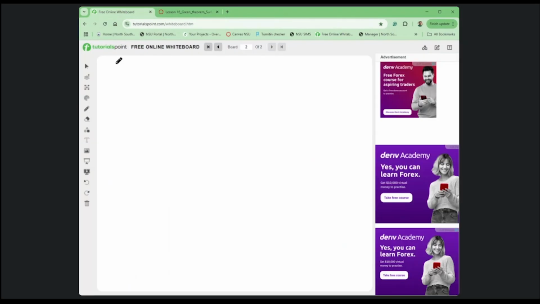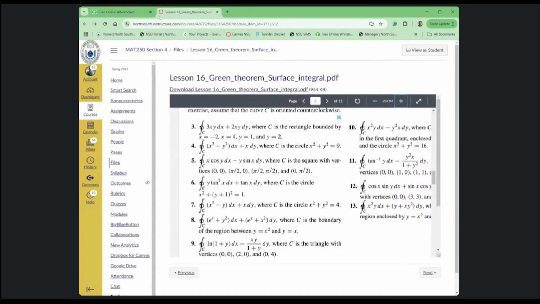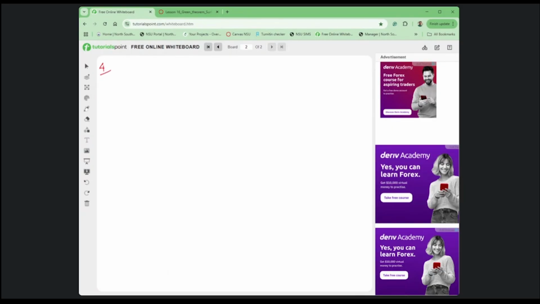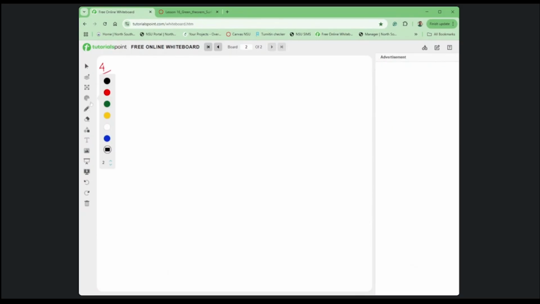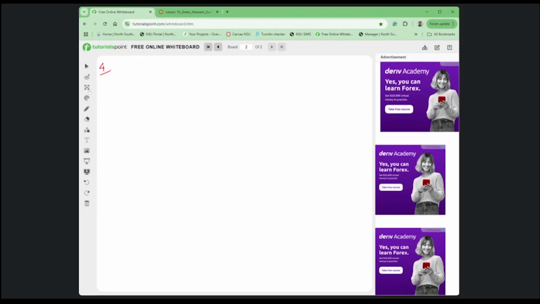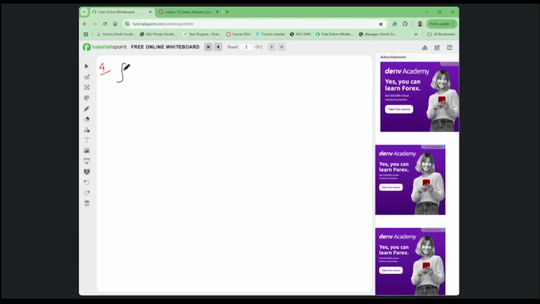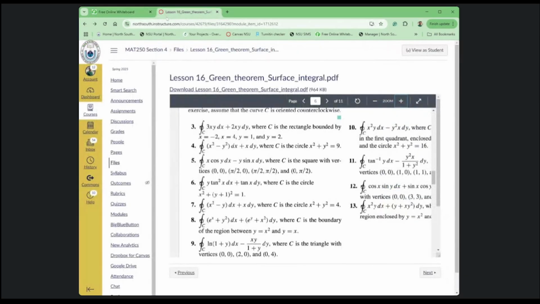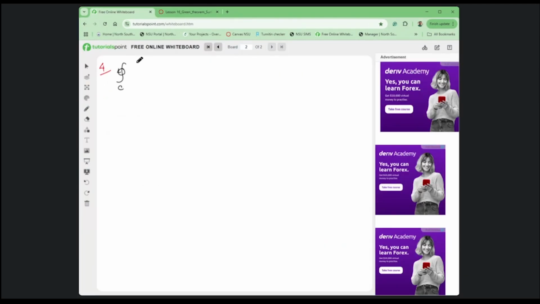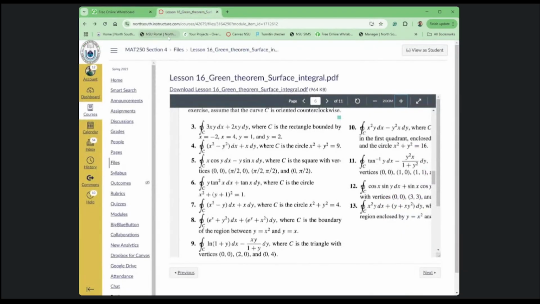I see the problem here. You are for number 4, right? Number 4, which is the integral over C of (x square minus y square) dx plus x dy, plus y square dx plus x dy, where C is the circle.